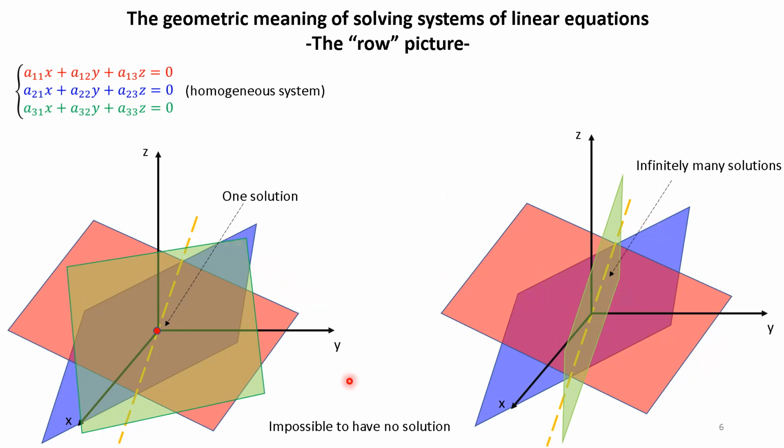Similar to the 2x2 system, it is impossible to have no solution. Whenever you have a homogeneous system, it's not possible to have no solution because (0, 0, 0) is at least a solution. So this is one of the geometric ways to look at the problem here.